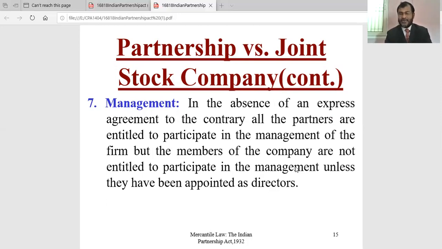The shareholders, or the members who are the absolute owners of the company, do not have any right to participate in the management of the company unless the member has been appointed as a director of that company. You don't have any right to participate in the day-to-day affairs of the company. But it is contrary in case of partnership. In case of partnership, all the partners have a right to participate in the management of the firm.